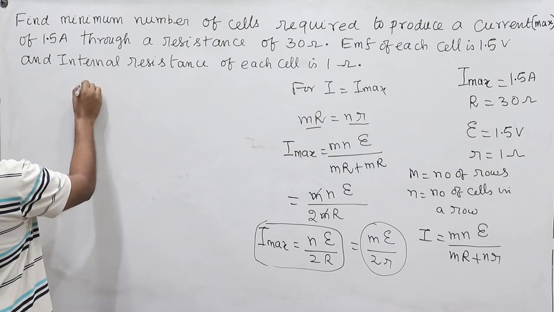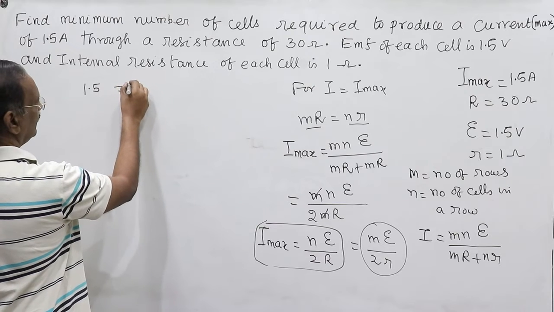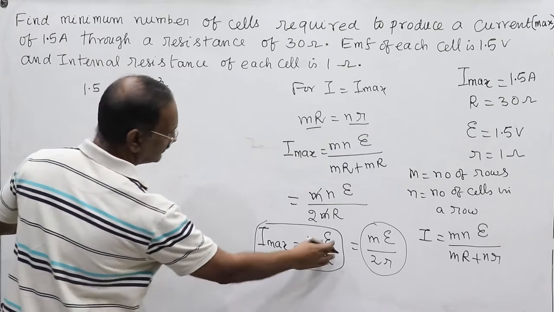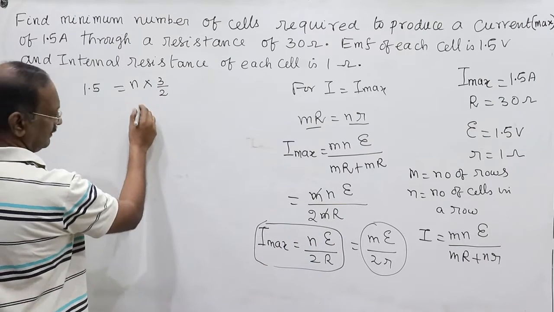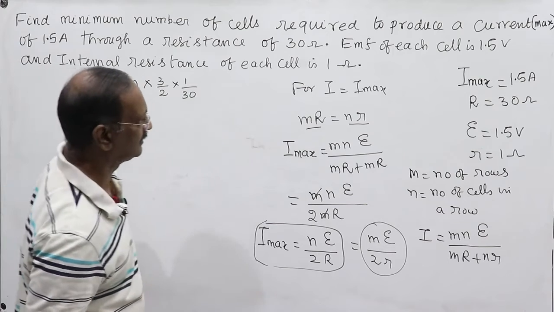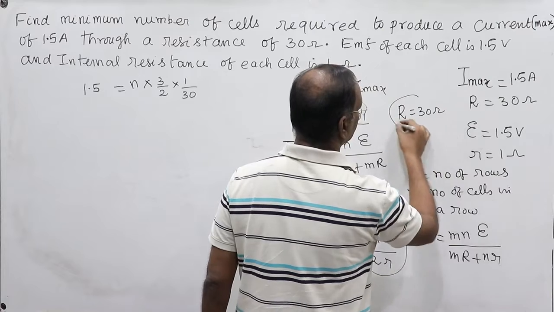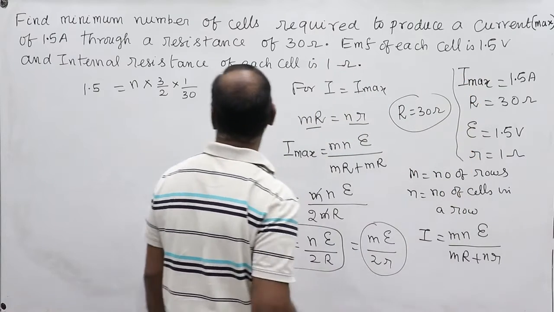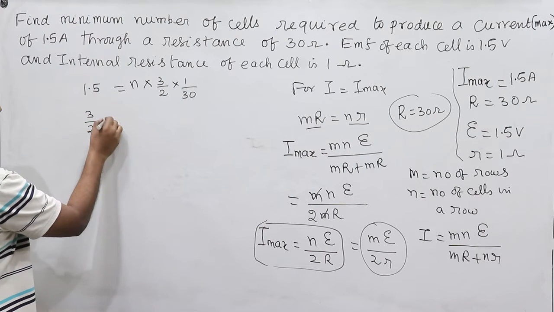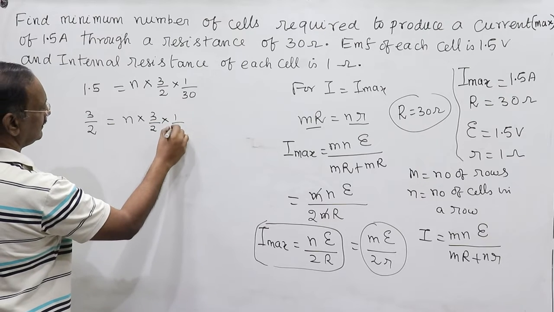I max is 1.5, and n we do not know, times the EMF, divided by 2 times r, where r is the external resistance, 30 ohm. All this data is given. So 1.5 can be written as 3 by 2 equals n times 3 by 2 times 1 by 30.